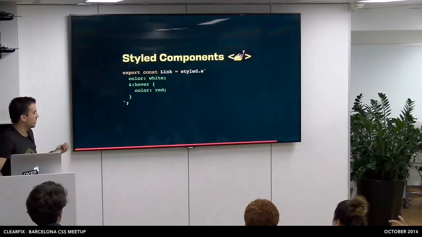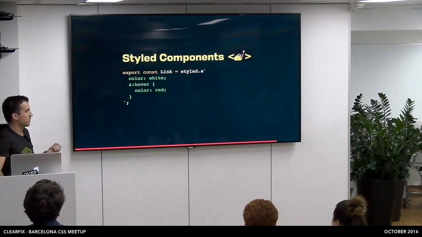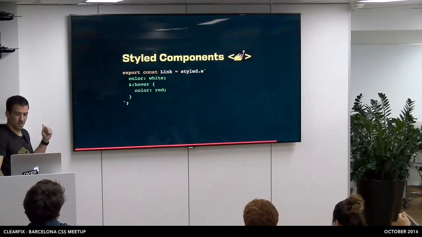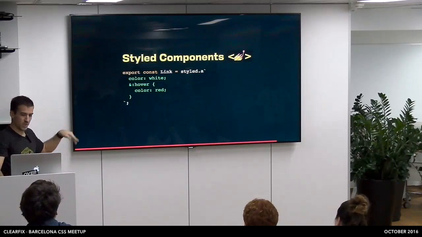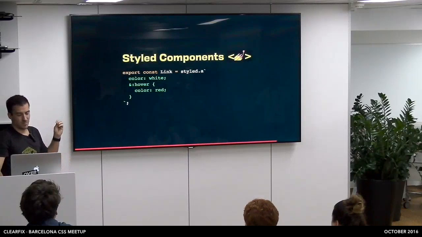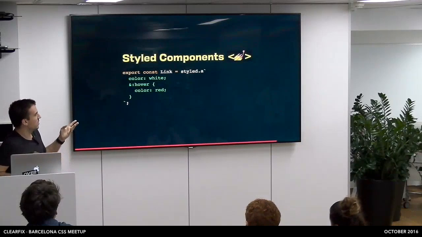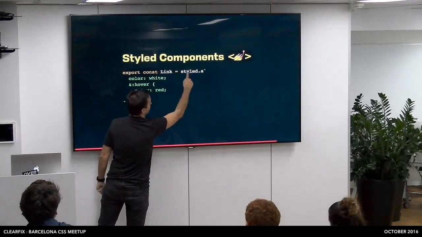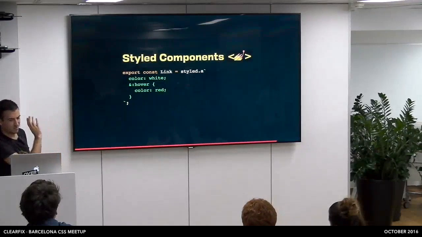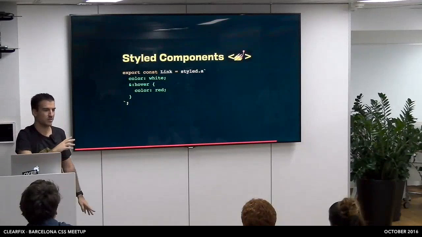So this is what styled-components look like. All the code that we've seen before, those 7, 8 lines from all the other solutions, is here. This library is using these kinds of wrappers. This is like 70% of the full API.